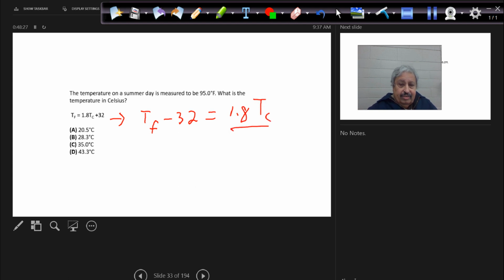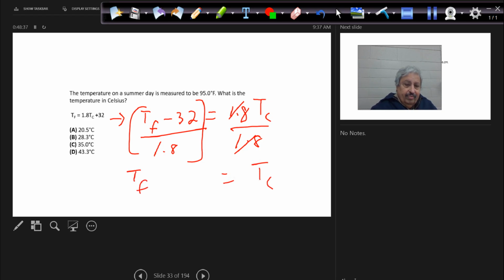So TC, divide the whole thing by 1.8. So TC here is TF minus 32 over 1.8. So that's what they have here.